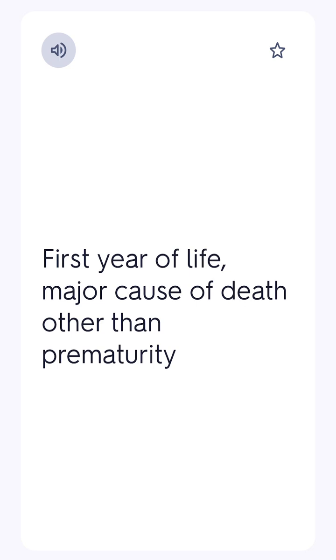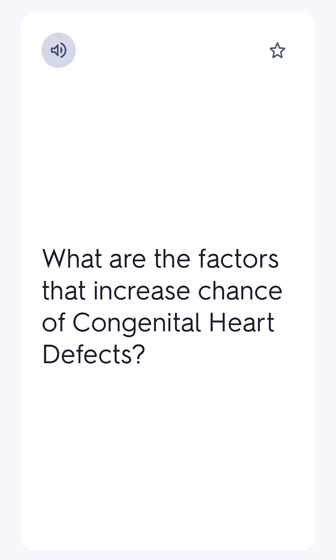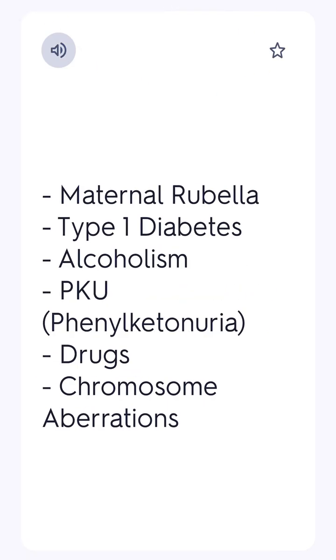First year of life, major cause of death other than prematurity. What are the factors that increase chance of congenital heart defects? Maternal rubella, type 1 diabetes, alcoholism, PKU, drugs, chromosome aberrations.